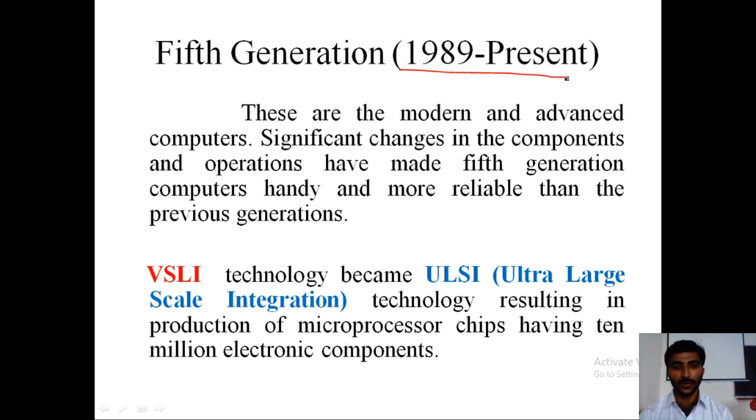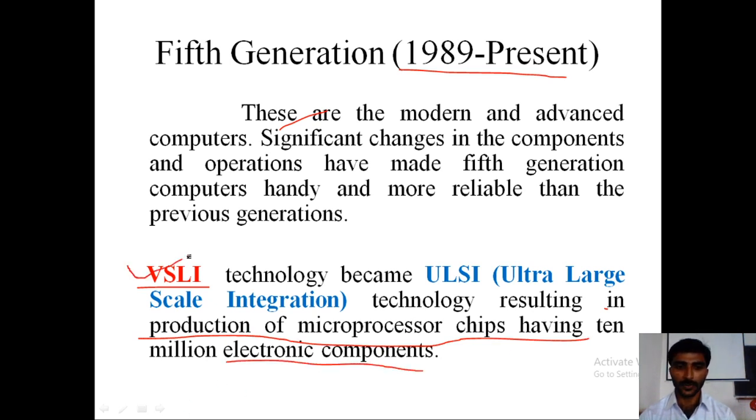Here they are using hardware components like ULSI, that means ultra large scale integration technology, in the fifth generation. That technology results in producing microprocessor chips having 10 million electronic components.